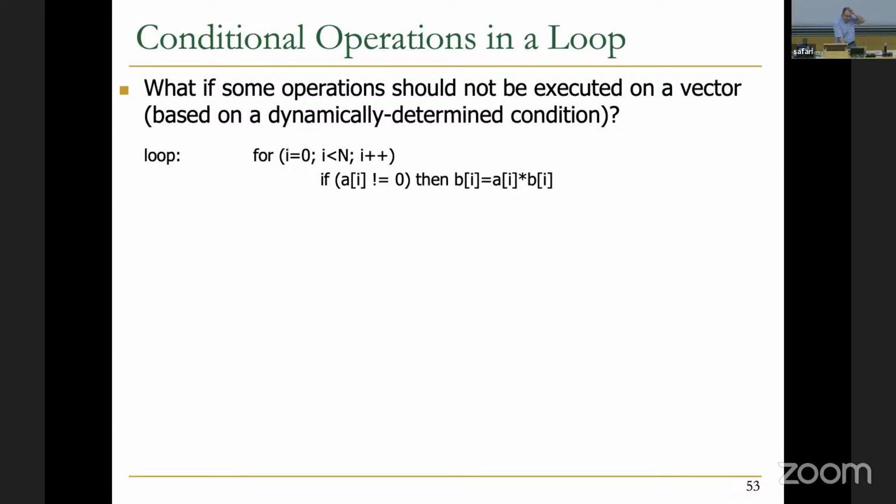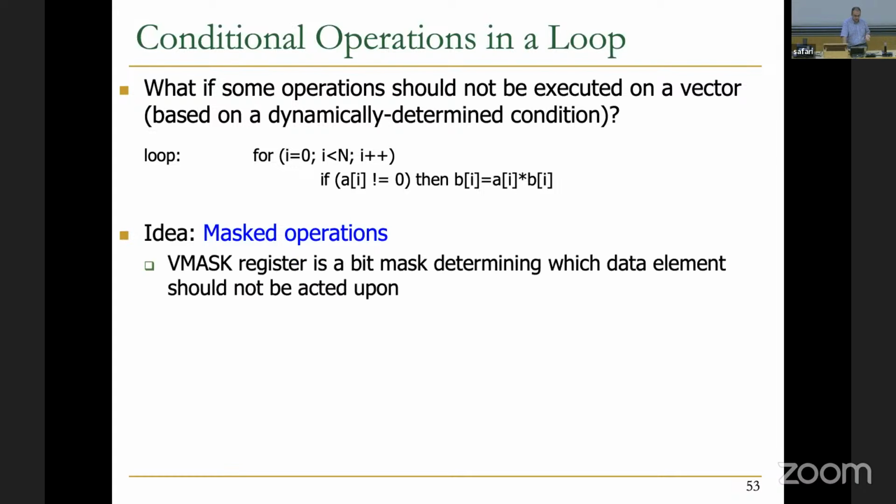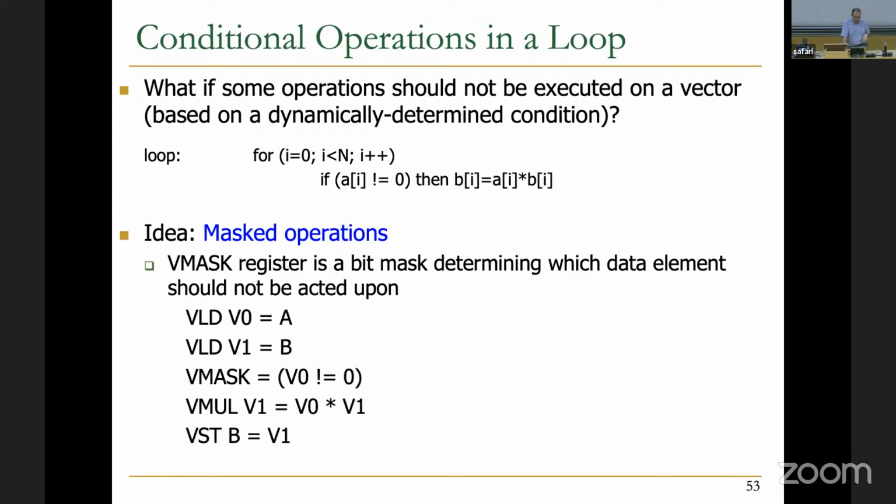So now, if we have some conditional operations in a loop, that's the idea of using mask operation that I already mentioned, like using VMask. Imagine that you want to implement this loop code where for every iteration, you check the value of A[i], and if it's not 0, then you do some operation.